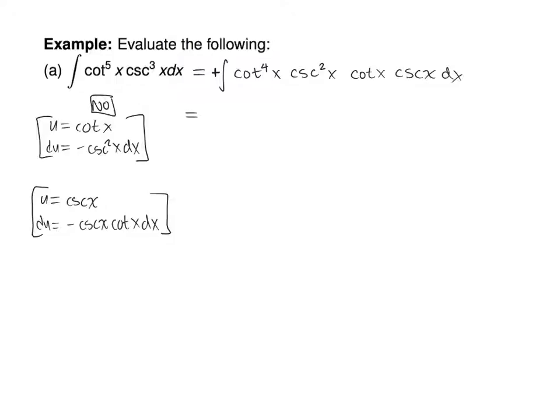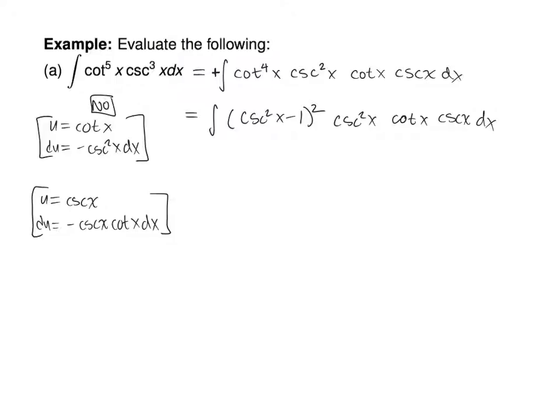So which part needs to be changed, the cotangents or the cosecants? The cotangents, because they need to become cosecant to be substituted. So that would be cosecant squared x minus 1, squared. Did I do that right? Okay. And then times cosecant squared x, cotangent x, cosecant x dx.